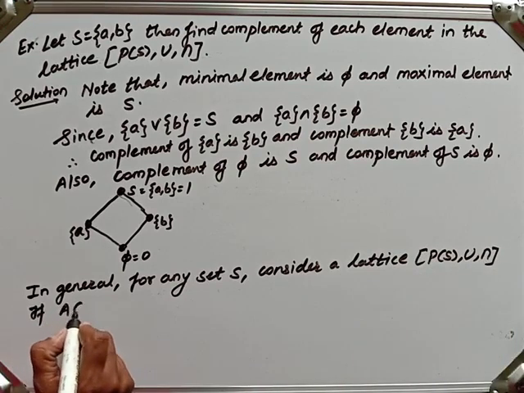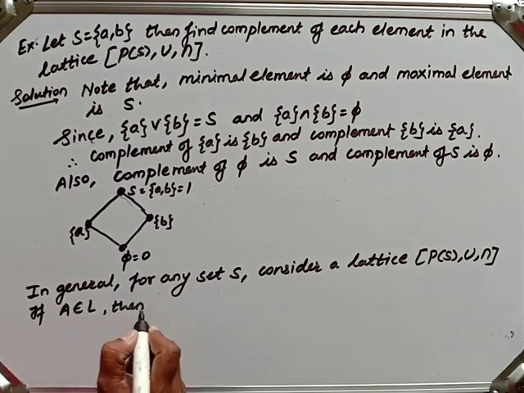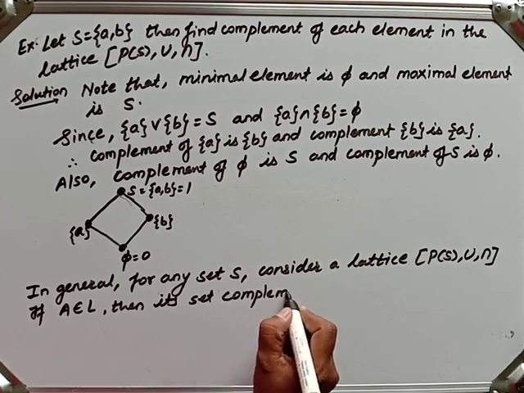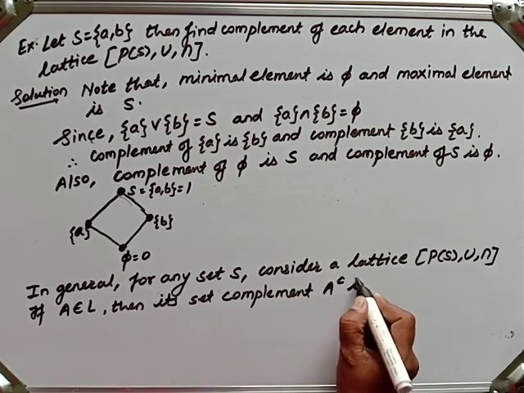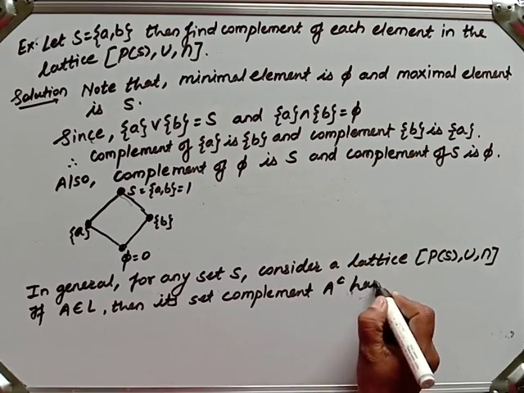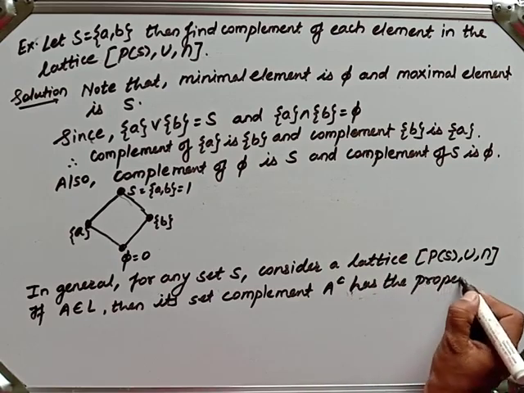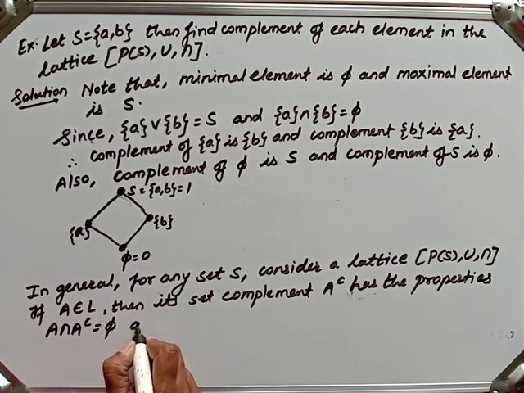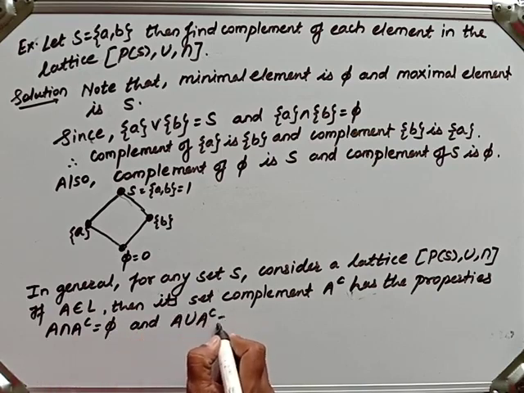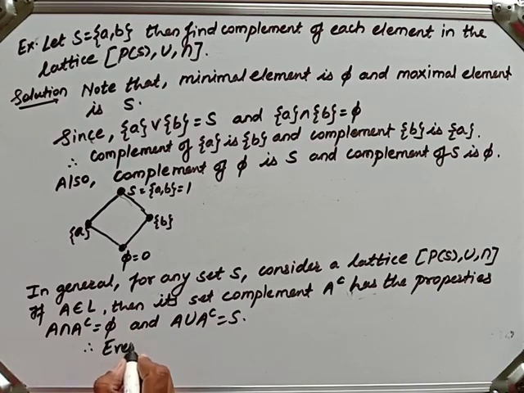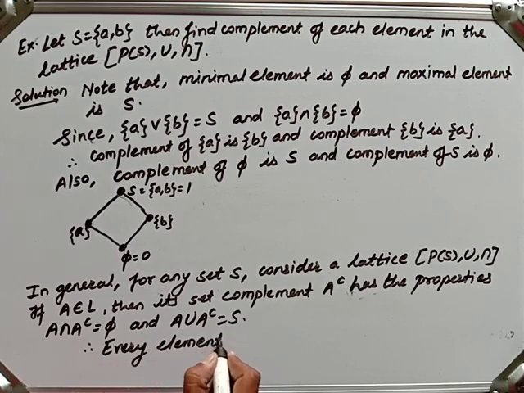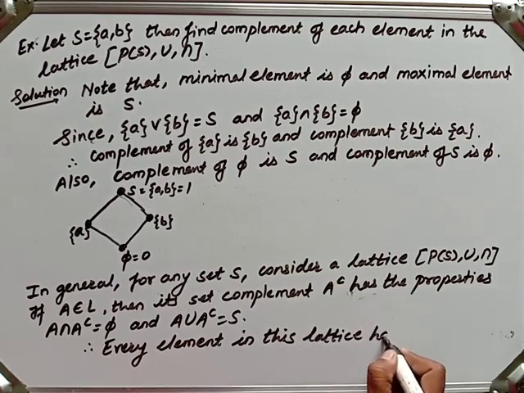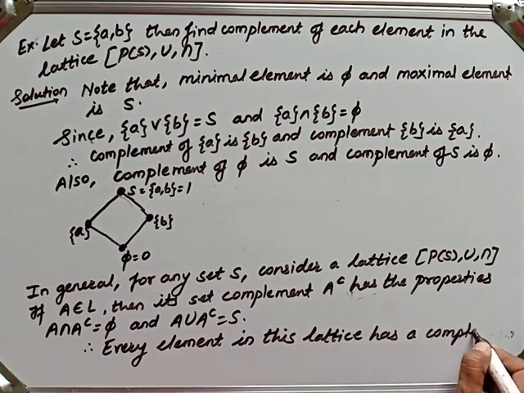If A belongs to L, then its set complement, that is A complement, has the properties that A intersection A complement is equal to φ, and A union A complement is S. Therefore, every element in this lattice has a complement.